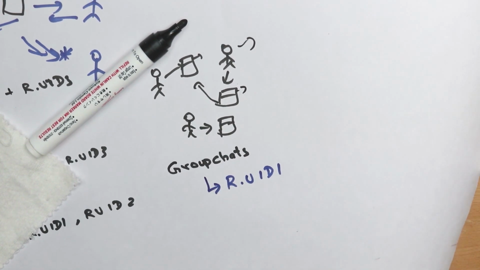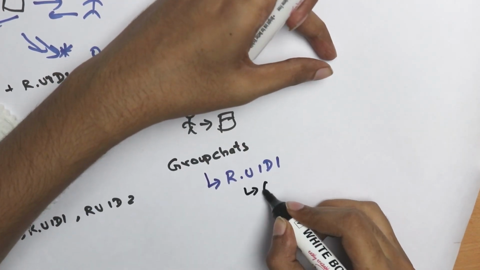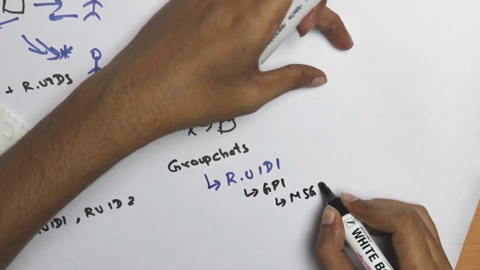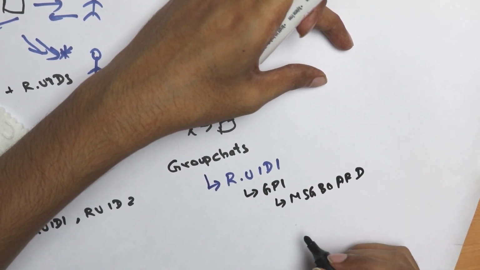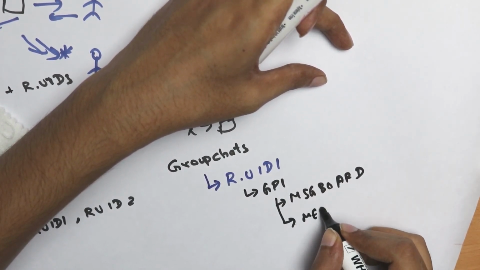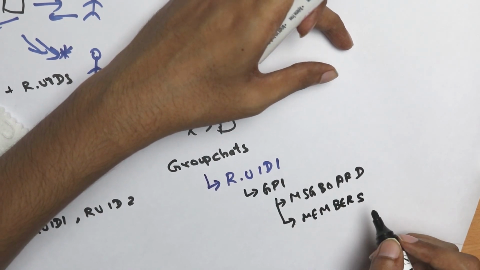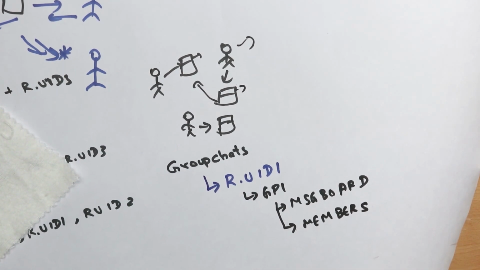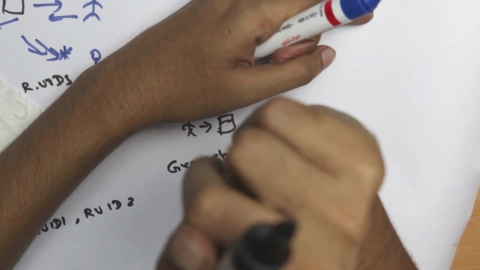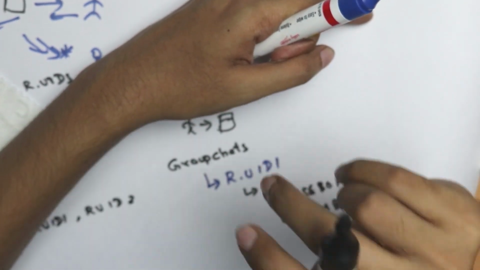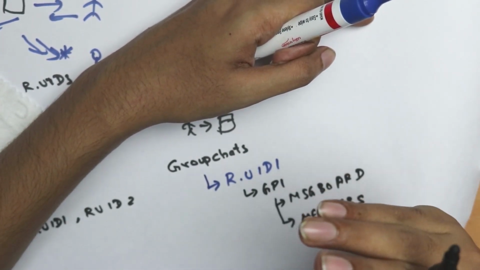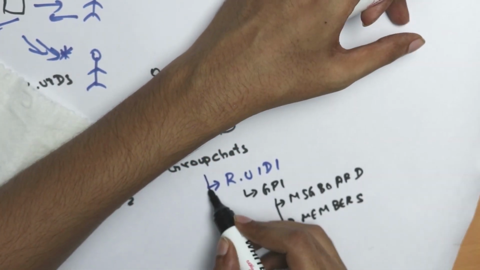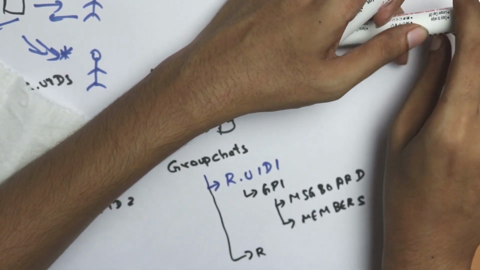Random UID 1. So under this it will have the group name 1, and under this there will be the message board, which will have all the messages and the members list. Now the simplest way, I am simplifying this a bit. What you are going to do is, when I am adding a member to this group, rather than having a members list for him specifically, I'll simply add random UID 2.